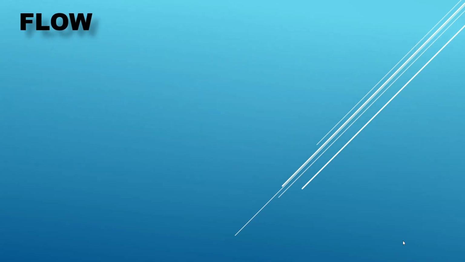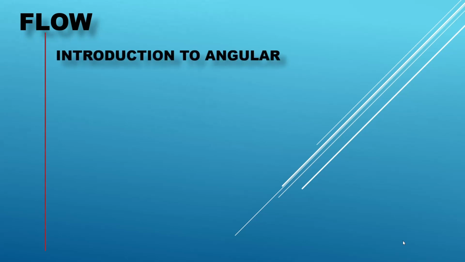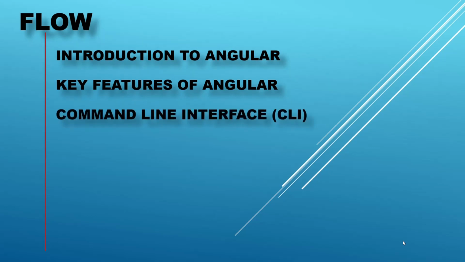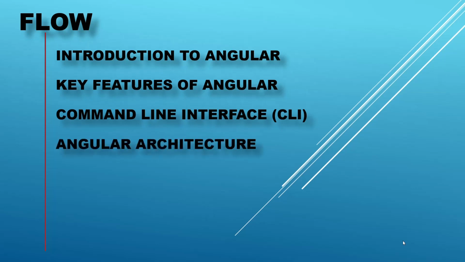So in today's topic, I will cover what Angular is, then the key features of Angular, then we'll learn what CLI, the command line interface, is, then Angular architecture, how it is built, then we'll see data binding, how data binding works in Angular, then we'll see some of the events, because these events are in practical use, and no one will tell you how to use those events, so that's why I have taken this part.